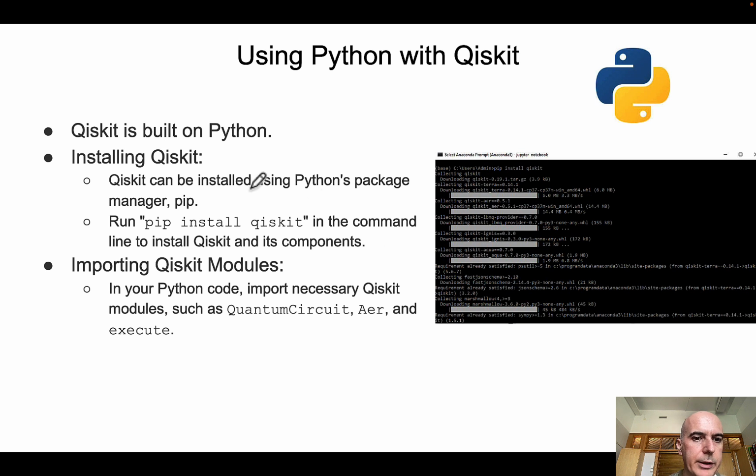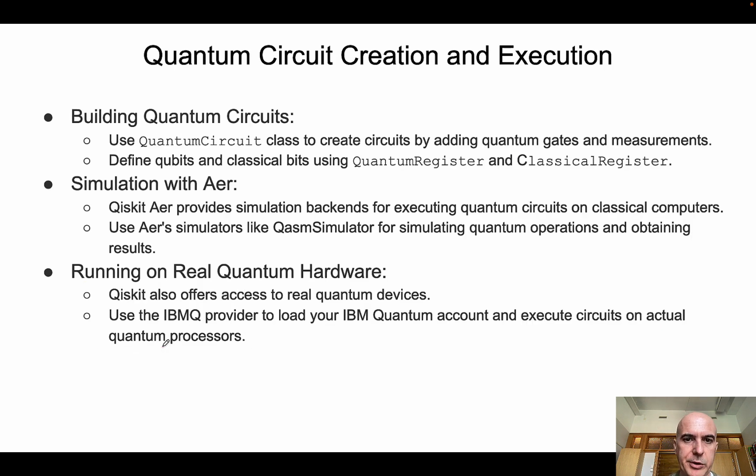You can install Qiskit on your system simply by pip install qiskit. And in order to use it in our Python code, we just import the Qiskit modules such as QuantumCircuit, Aer for the simulator, and execute to actually run our quantum circuit.